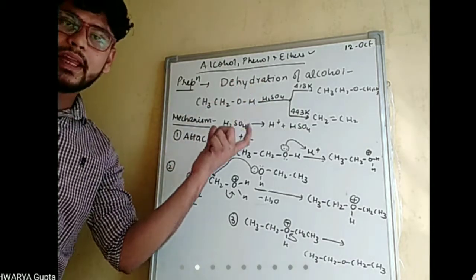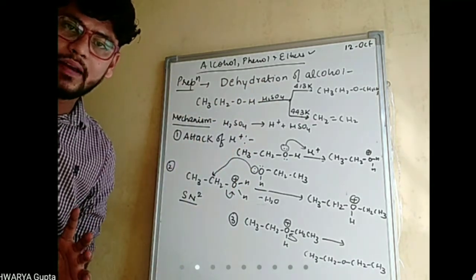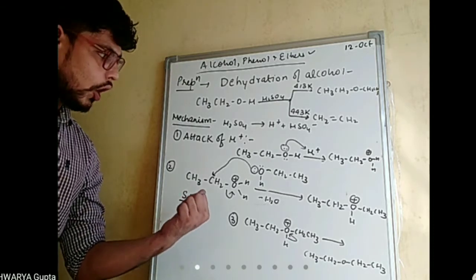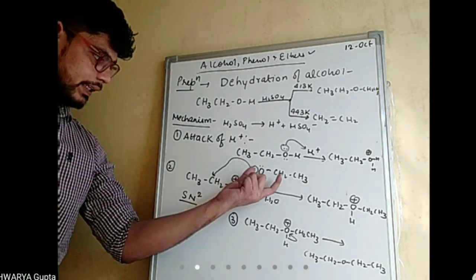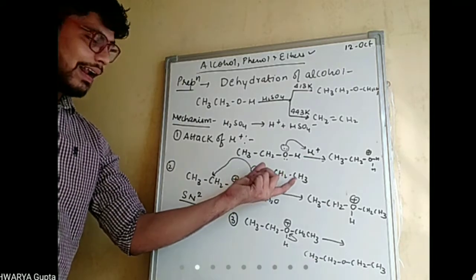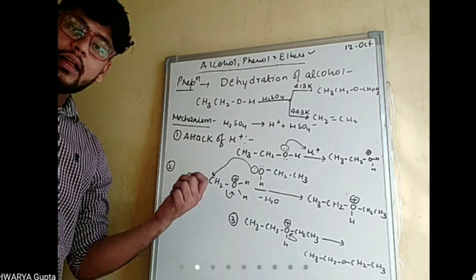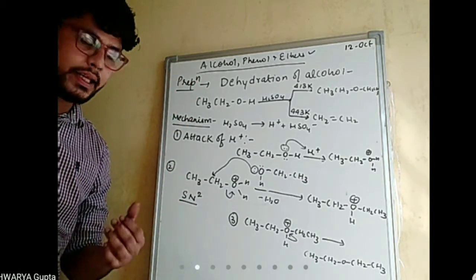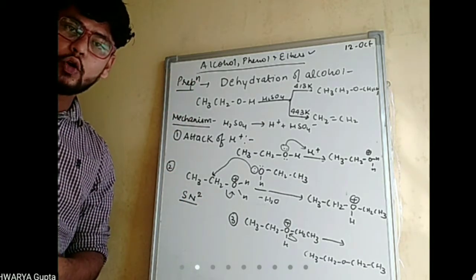The formation of ether from the dehydration of alcohol follows the SN2 mechanism. Because in the formation of ether, the attack of the nucleophile is taking place and also the leaving group is leaving. Both processes are occurring simultaneously, so that's why it follows the SN2 pathway.